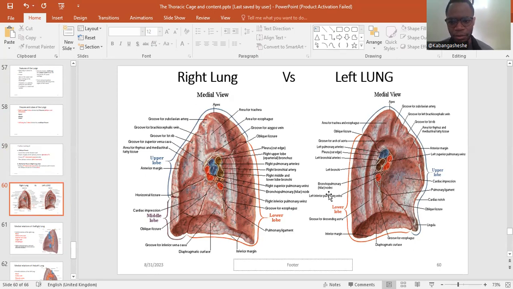Now, when lungs are removed from a living subject, especially an adult like you and I, who have lived for some years, you find that they will not be as red as they appear here. They will be darkish, because of various fumes that we inhale on a daily basis: toxic gases, smoke from burning, waste matter. So the more red they are, those lungs belong to a young person.